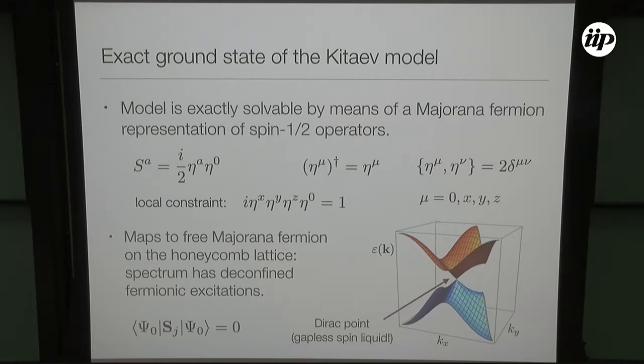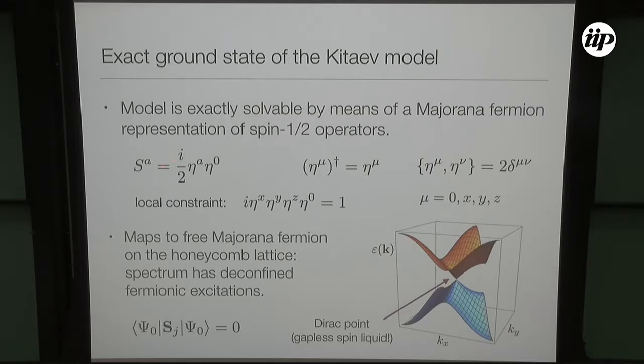You need this local constraint because the Hilbert space to which we're mapping the spin problem is actually larger than the spin 1/2 Hilbert space by a factor of 2. So this local constraint tells you something about the gauge structure of this theory. There's also a gauge field here.